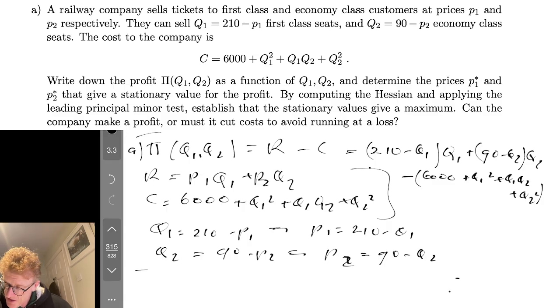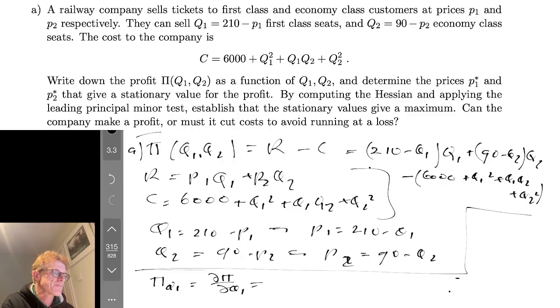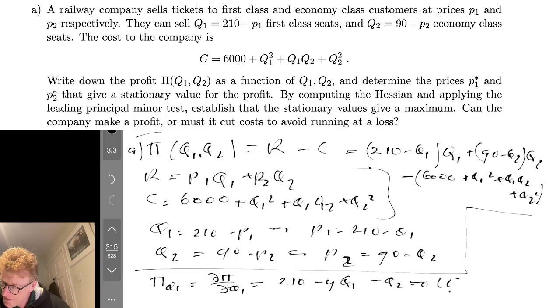We need to find the stationary values. So that means we need to find the partial derivative of profit with respect to Q1. That's 210 minus 2Q1 minus 2Q1, so it's 4Q1, and then it's minus Q2, equals 0, call that 1.